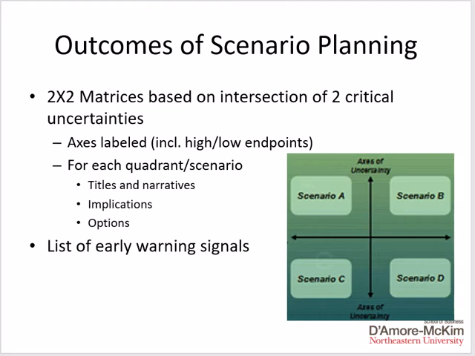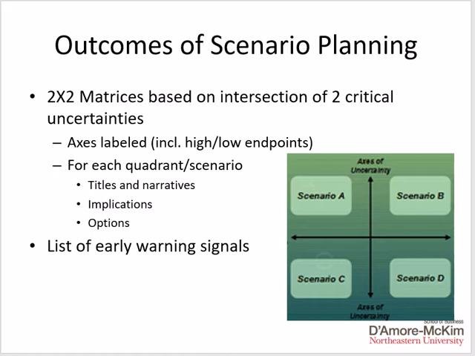So for example, if the key uncertainty is economic growth, the low economic growth might be an economic recession, and the high level might be an economic boom. If it's, say, government regulation, the low might be very relaxed or loose government regulation, whereas the high form of that uncertainty might be very tight government regulation that constrains competitive behavior.